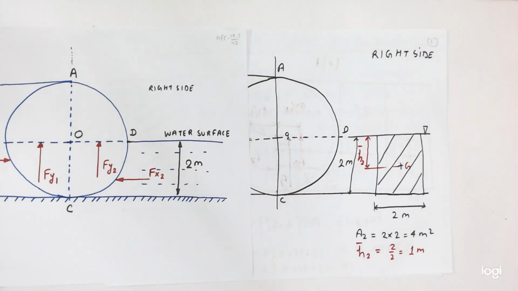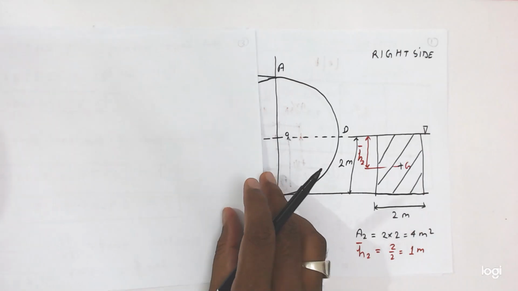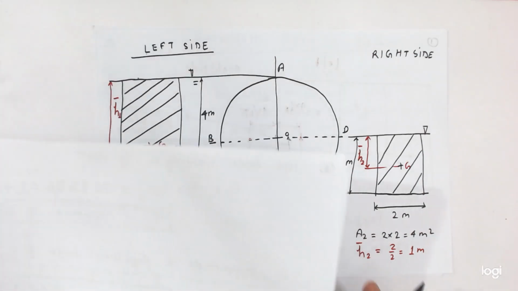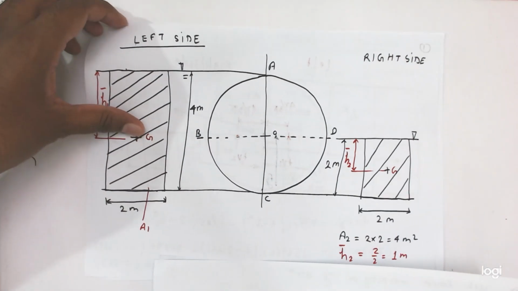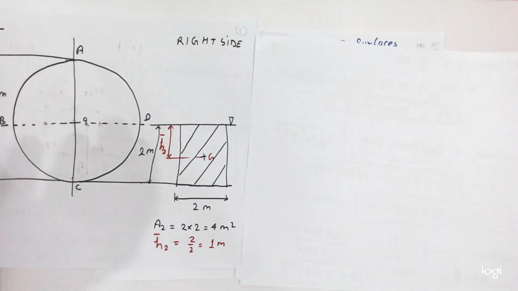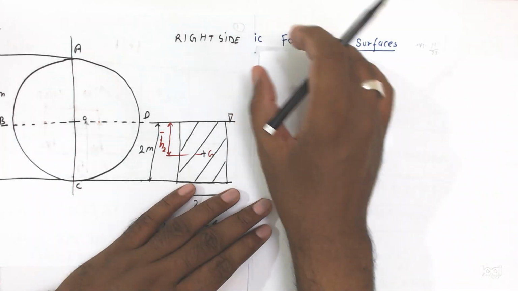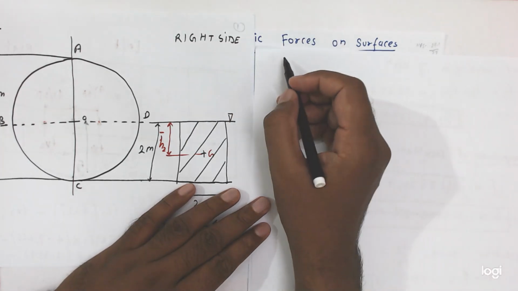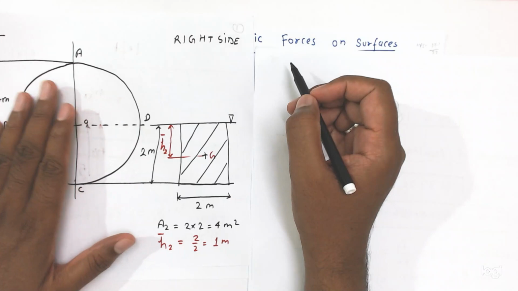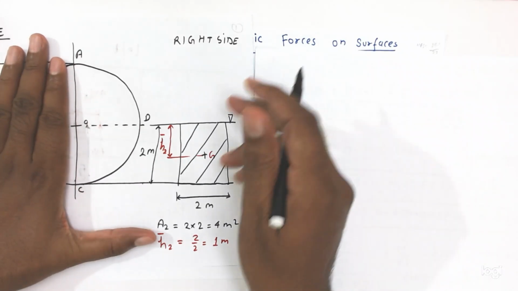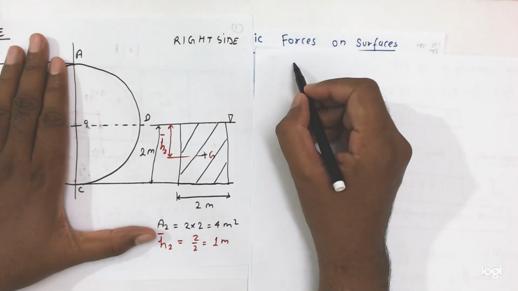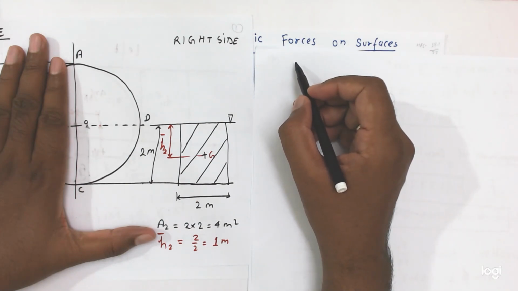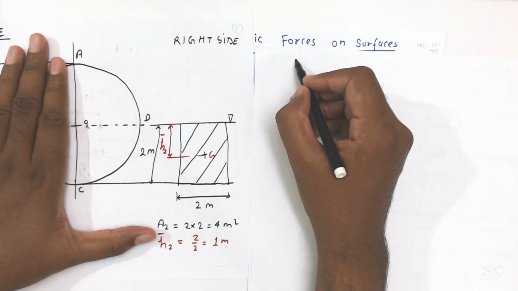Okay friends. Now friends, similar case as we did in the left side, same procedure we will do for the right side, because we have to find the horizontal component of force because this side nothing is there. If we consider this part only, so now right side.